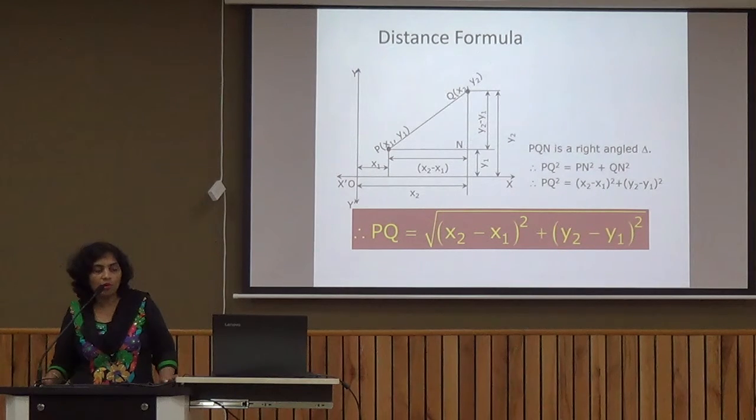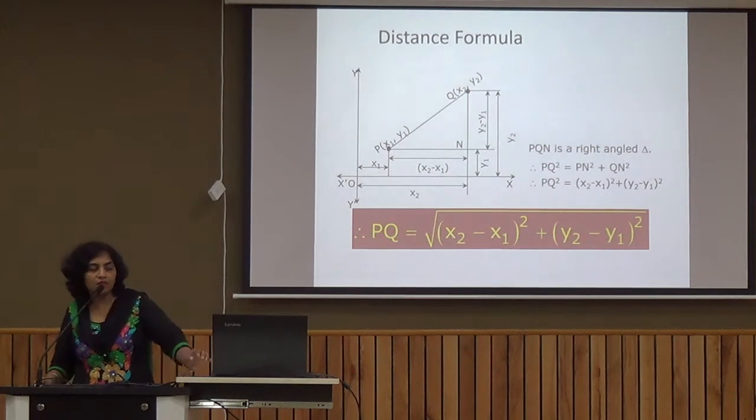So PQ square will be (x2 minus x1) square plus (y2 minus y1) square, and PQ is equal to the square root of (x2 minus x1) square plus (y2 minus y1) square, which is our distance formula.